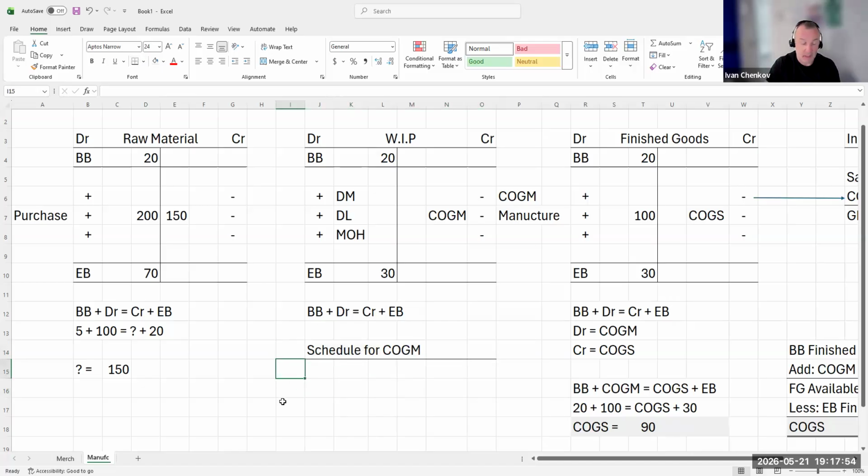So let's start. First, we're going to get the beginning balance of the raw material. Once we get that, then we're going to add the purchases. Once we add the purchases, we're going to have raw material available for use.